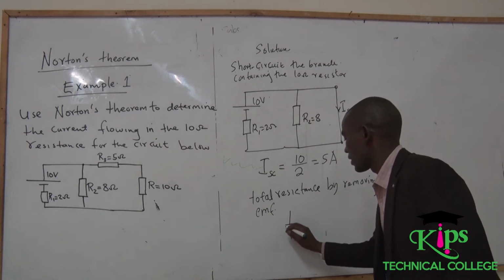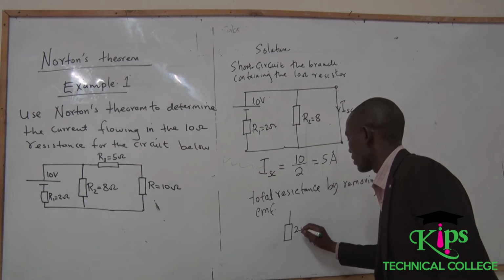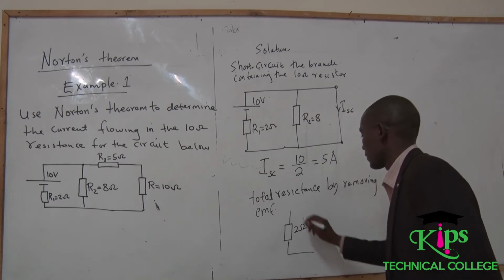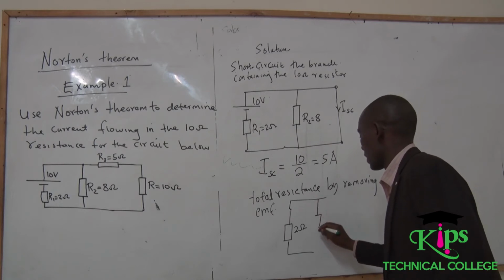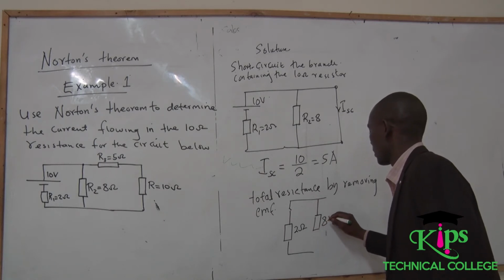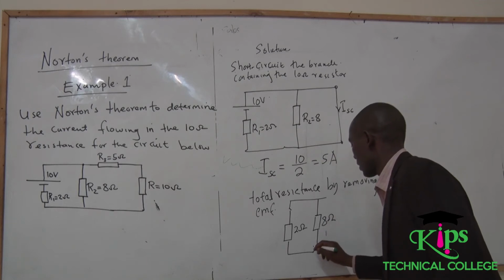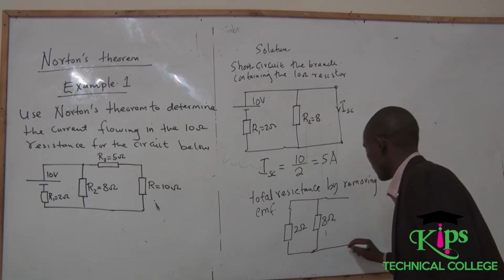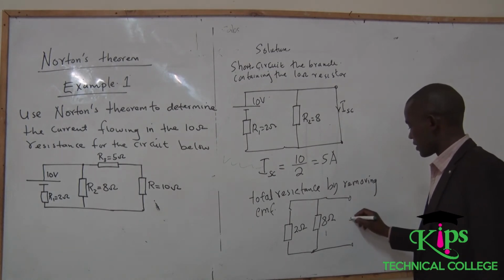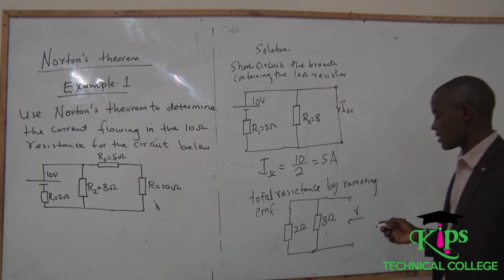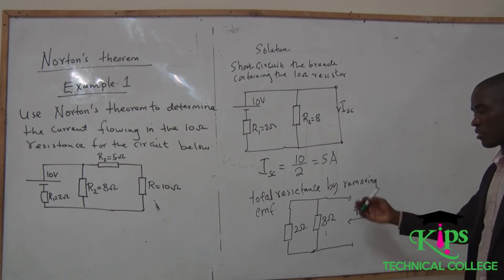You will be having 2 ohms there. You will be having 8 ohms here, like that. Then remember, this is the resistance we are talking about. The resistance will be obtained looking in from the branch.